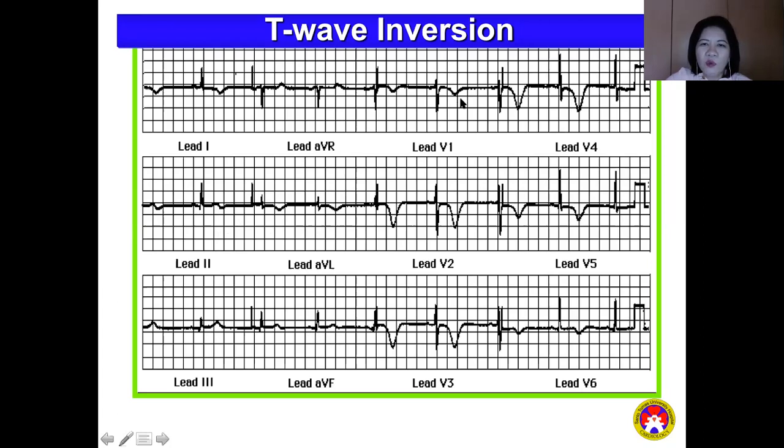V1, you have T wave inversion, but you also see it in V2, in V3, in V4, in V5, and V6. So this one is septum, this one is anterior wall, this is lateral wall extending up to here. So this is an anterolateral wall ischemia.